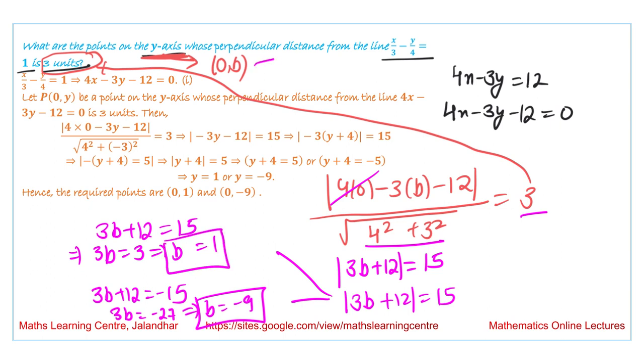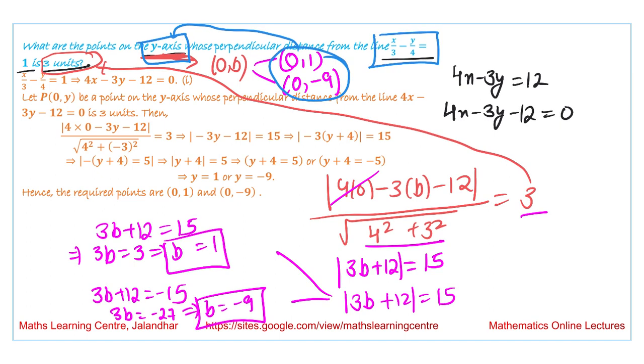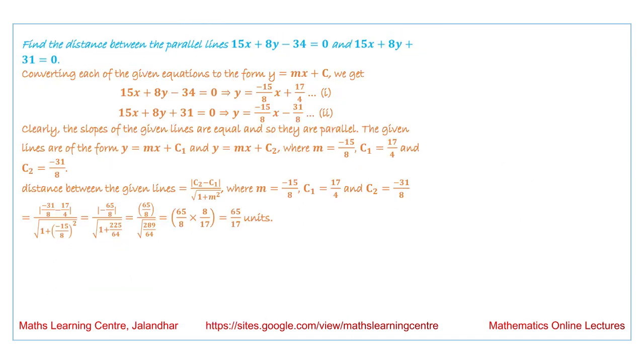So the points we obtain are 0 comma b: either the point is 0 comma 1 or the point is 0 comma minus 9. So these are the 2 points on the y-axis whose perpendicular distance from this line is 3 units.